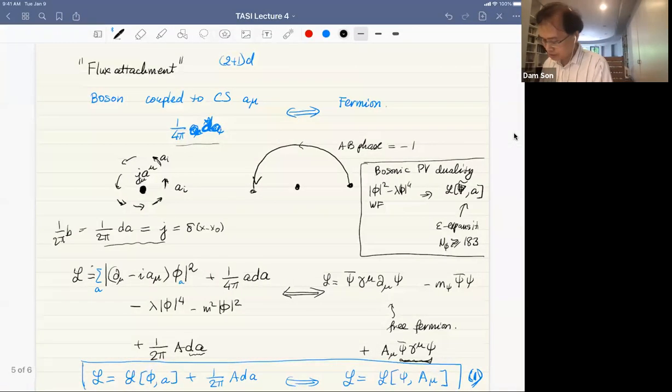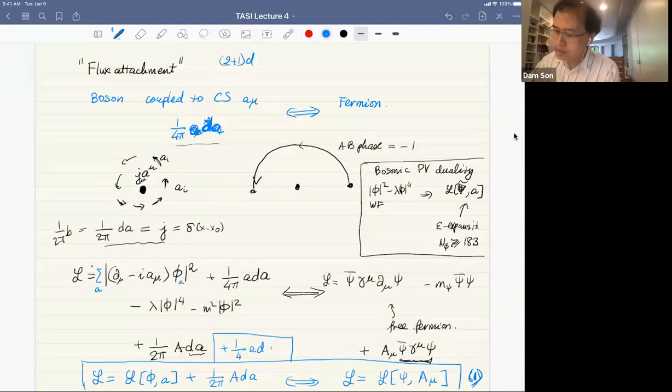I'm sorry, here I forgot something very crucial. This would not be correct in the way that I wrote. Plus 1/4 pi a da. It's a scalar coupled to a Chern-Simons field, not a scalar coupled to just a Maxwell gauge field, but it has to have a Chern-Simons term in the action.